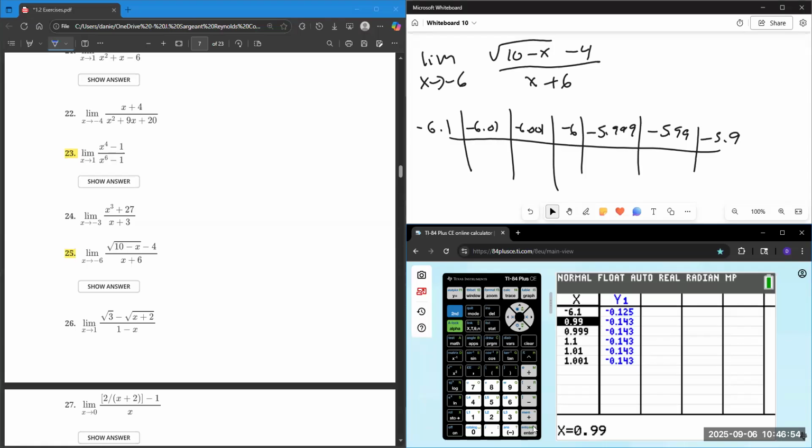-6.1 is -0.125. -6.01 is -0.125. -6.001, looking like this is a very good approximation here. -5.9 is -0.125, -5.99, -5.999.